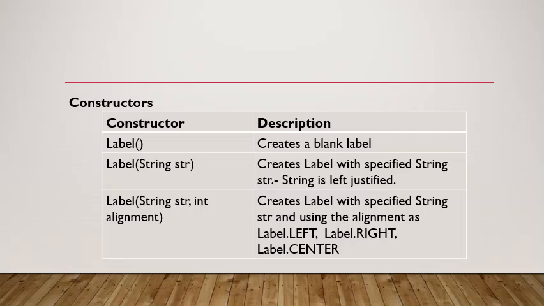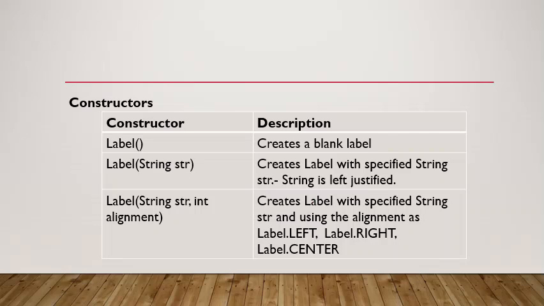The second constructor is the label with one string, that means whatever you want to display for prompting, like enter your name. So you can write Label L = new Label(string). Whatever string you write over here will be displayed as the label.